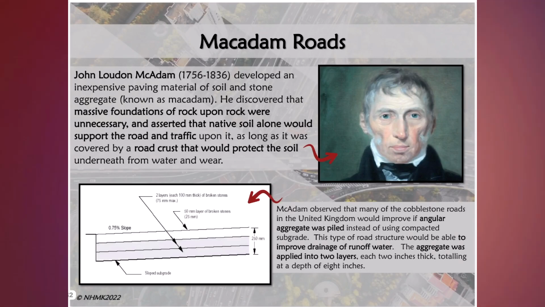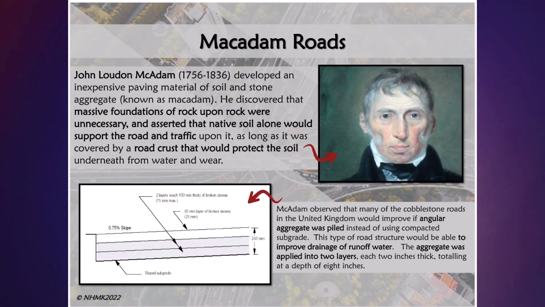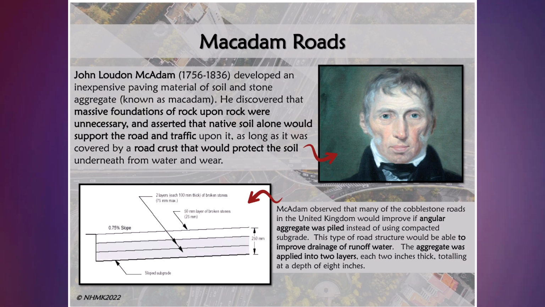And finally, let's take a look at macadam roads. So this is John Loudon Macadam, who lived from 1756 to 1836. Macadam developed an inexpensive paving material of soil and stone aggregate known as macadam.